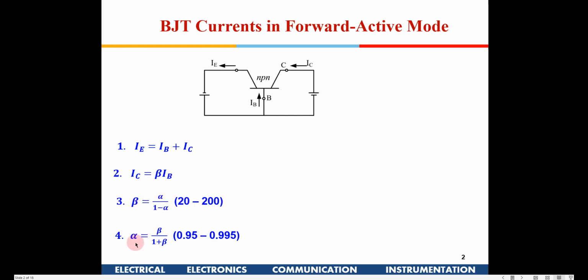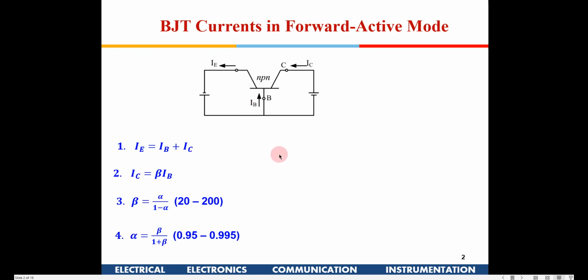Beta is also related to alpha by alpha equals beta divided by 1 plus beta, where IC is equal to alpha times IE. So if you want to use alpha, we have that relation. These are the basic equations pertaining to BJT currents in forward active mode.